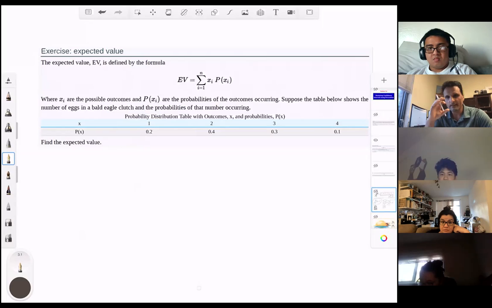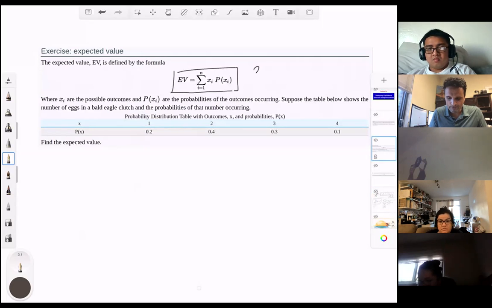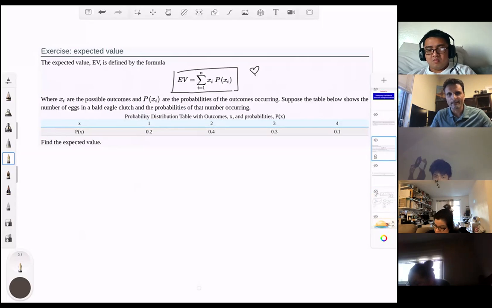But now we only look at this one as, in the algebra part, we have to simplify. So the formula for expected value is this. We love it because they didn't ask us to talk about this formula, they just ask us to substitute the values and find the expected value.